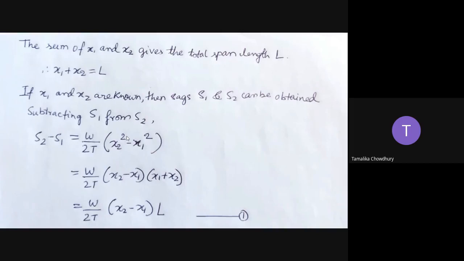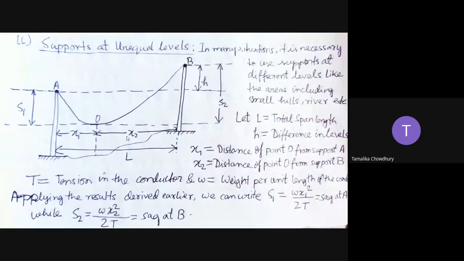Now, how are we getting it? You see, S2 minus S1 is the height H. S2 minus S1 is equal to H, yes or no? Yes, ma'am. So the difference in levels, H, is already written. H equals the difference in levels, which is S2 minus S1.